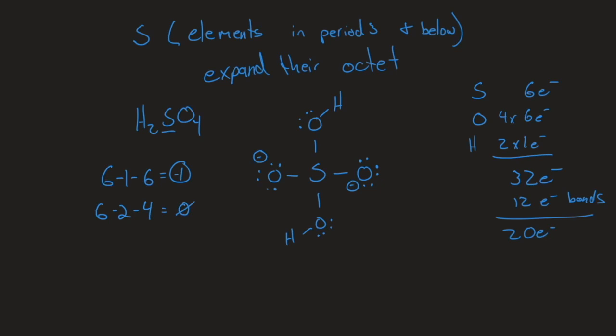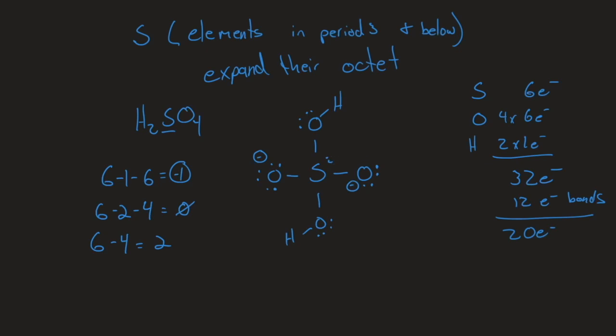Sulfur has 6 valence electrons. It has 4 bonds and no lone pairs. And so it's got a formal charge as drawn of +2. Anytime you have a +2 formal charge next to a minus formal charge with either empty space, where we haven't completed the octet, or an element in group 3 and below, we can expand that octet and use a multiple bond to satisfy that.